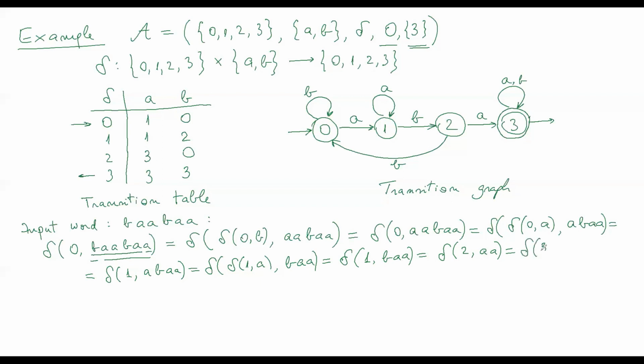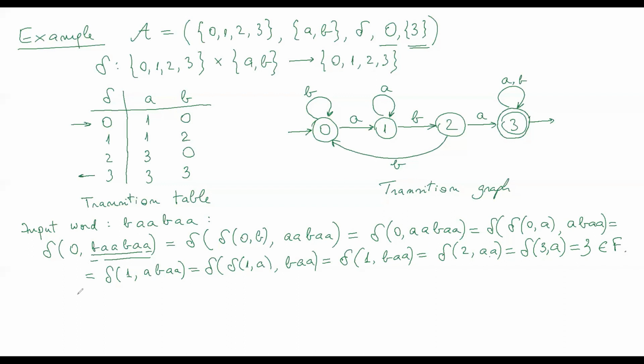So then I'm in state 3, and I still have to handle one letter from the input. And finally, 3 and A, the transition function says that you are going to be in state 3. And then I'm checking whether state 3 is final or not. And this is, in fact, in our example, a final state.